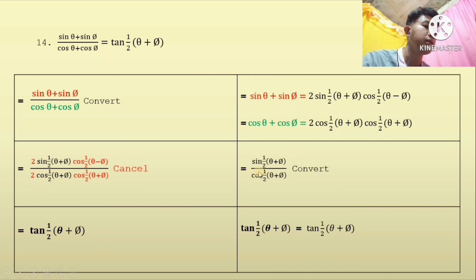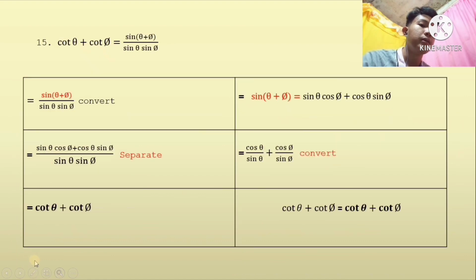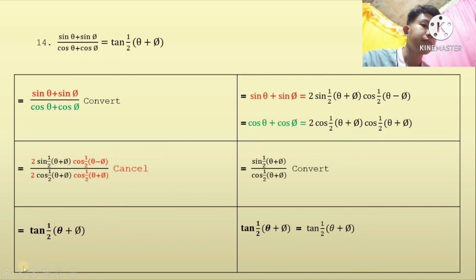So our equation will be sine 1/2 times theta plus phi over cosine 1/2 times theta plus phi. So convert into tangent, because tangent is equal to sine over cosine. Our equation will be tangent 1/2 times theta plus phi. So true. So our proving is true.